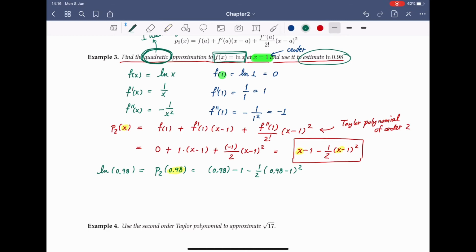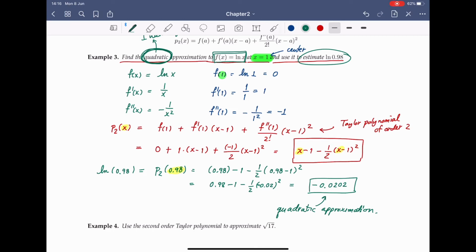All right, and then if you compute everything, you're gonna have 0.98 minus 1 minus 1/2 times negative 0.02 squared, and at the end you're gonna get negative 0.0202. This is the quadratic approximation of log 0.98. All right, that's all for example 3.